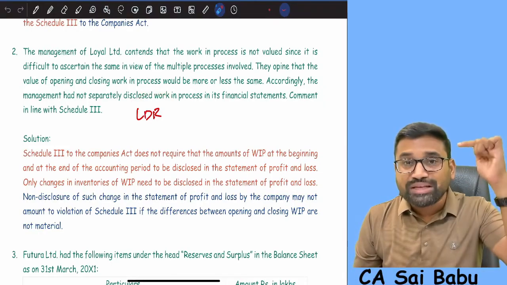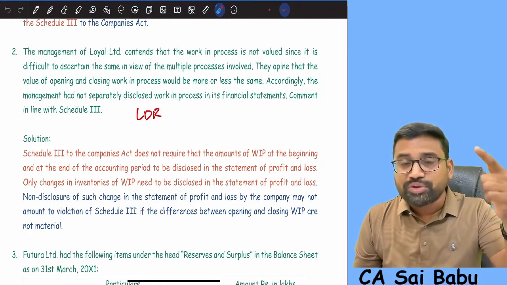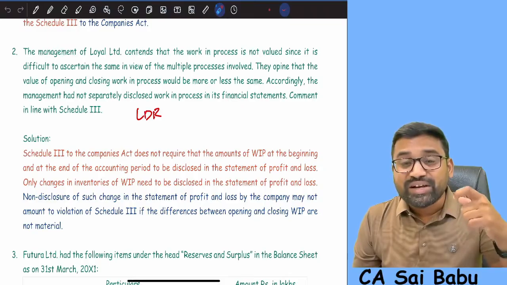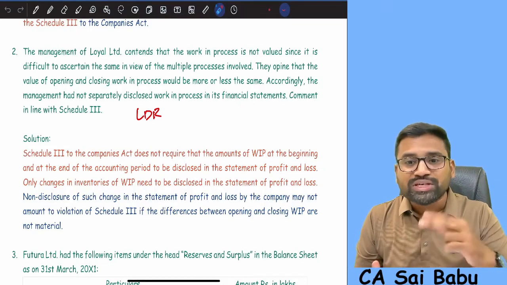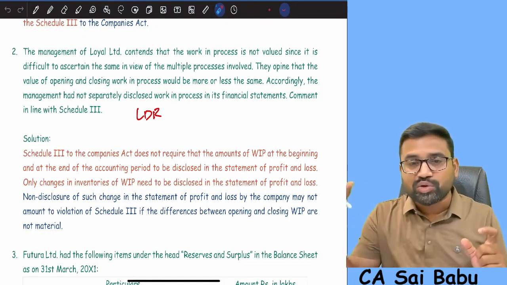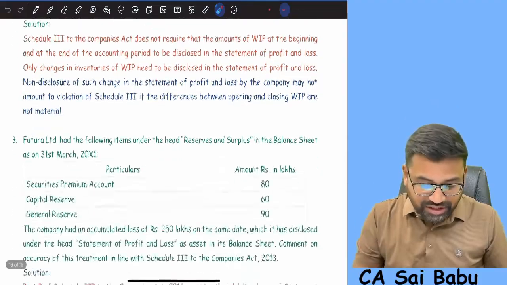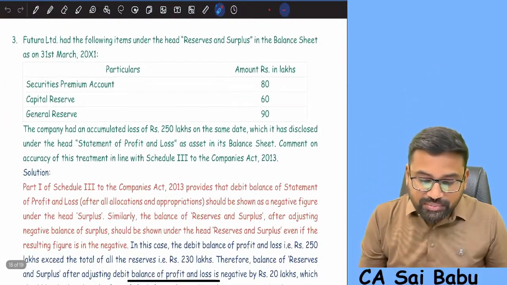Just now I told you, when you are preparing the P&L account, expenses, cost of materials consumed, purchase of stock in trade, change in inventories of finished goods, work in progress. In respect of work in progress, only the change is shown, right? So no company is required to show opening separately, closing separately. Only change is sufficient.